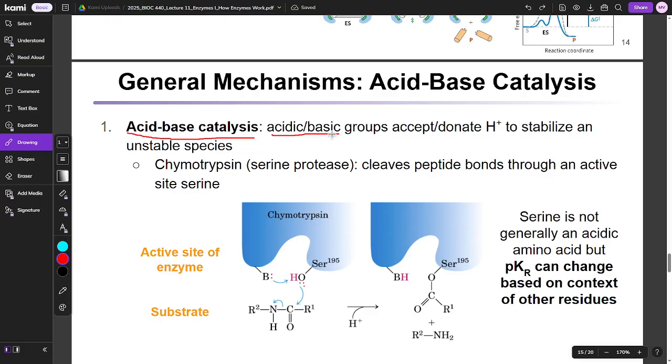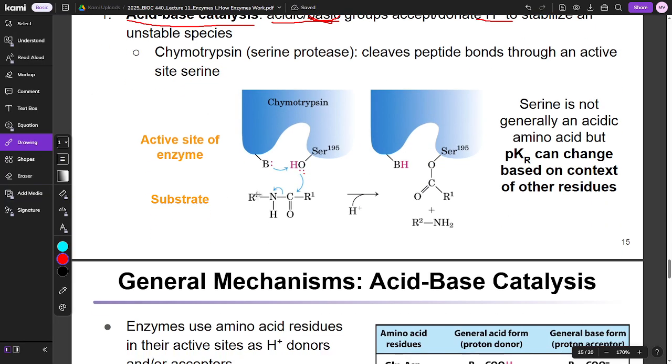For the basic groups, we've got arginine, lysine, and histidine too, at 12.1, 10.7, and 6.1. Those pKa's mix the order around a bit: histidine 6.1, lysine 10.7, arginine about 12.1, right? So they accept H pluses and donate H pluses to stabilize these species.